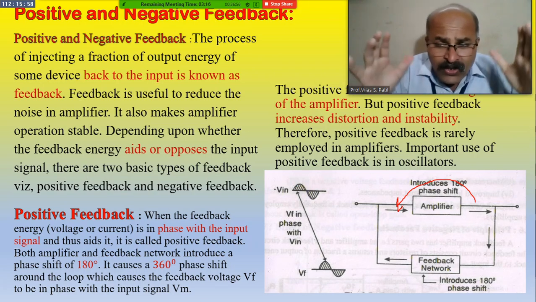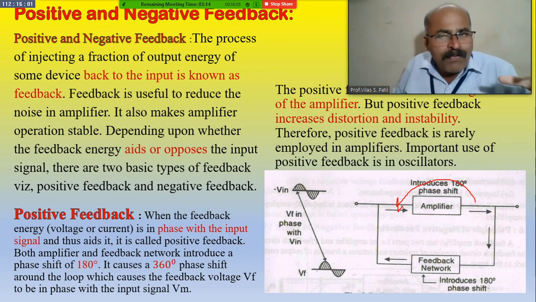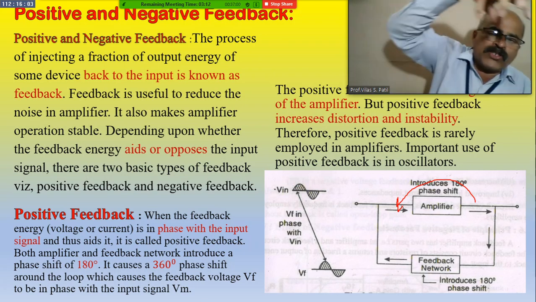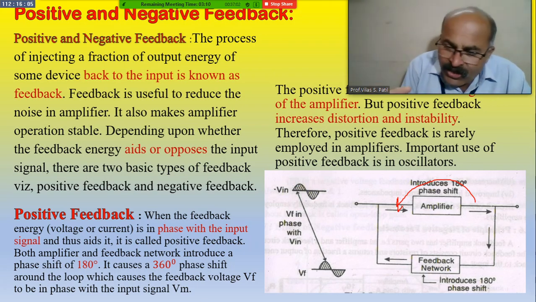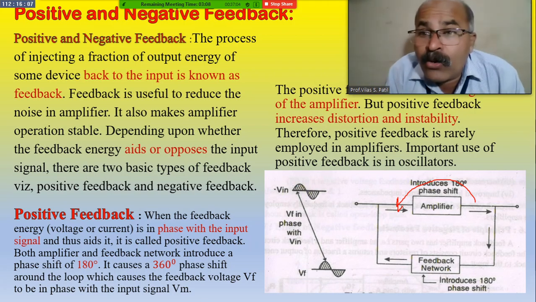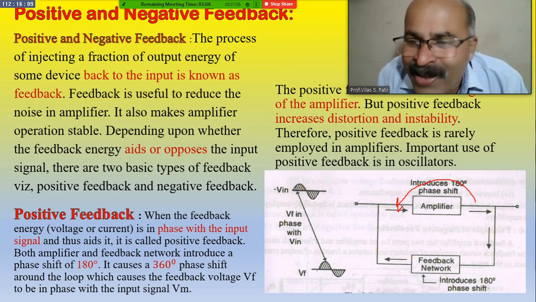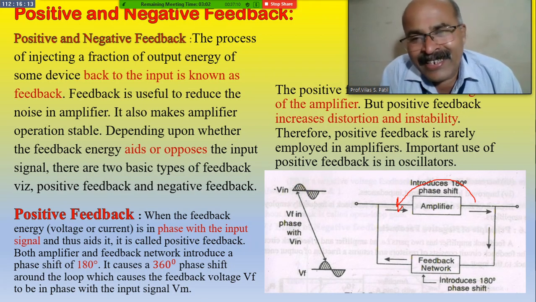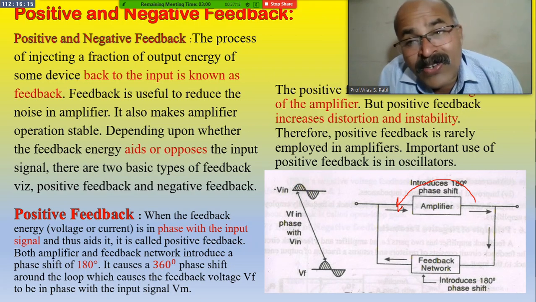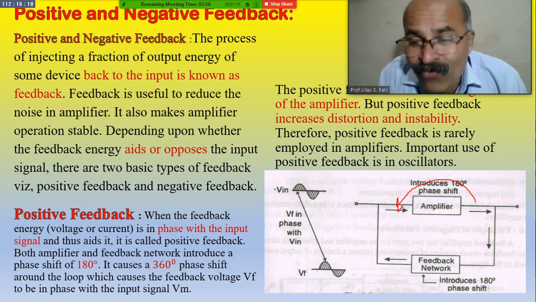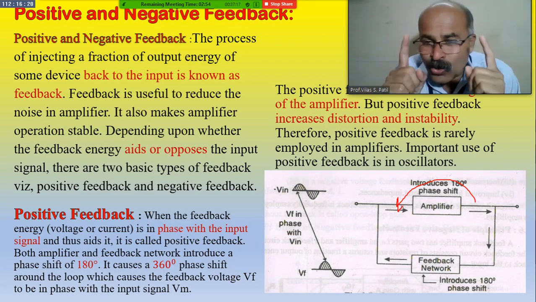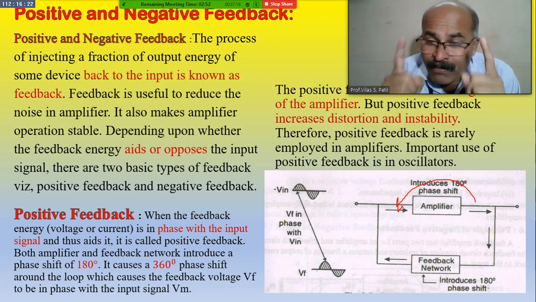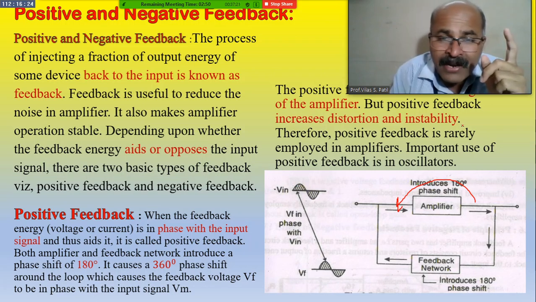If in the process of the feedback, the fraction of the output which is going to be fed to the input is different in nature, reverse in direction, then that type of feedback is known as a negative feedback. And these are the two processes of the feedback. One is the positive feedback and the other is the negative feedback.